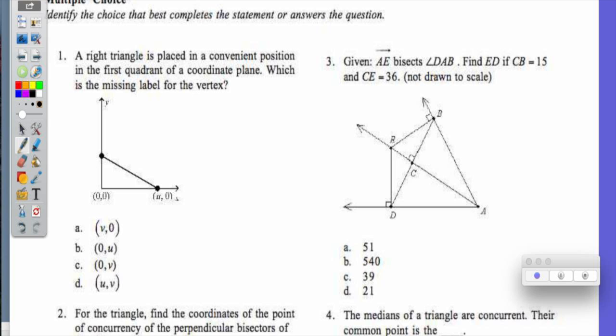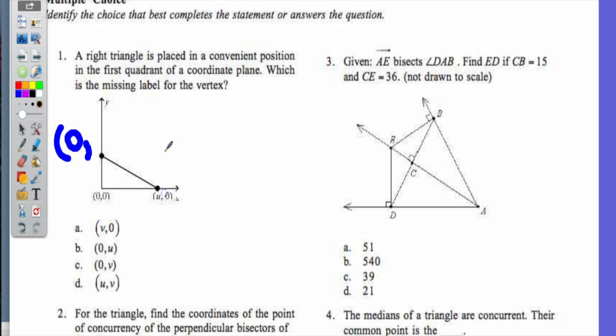So, you have a Chapter 5 test tomorrow, and you want me to get this all recorded so you can watch it and study. So, a right triangle is placed in a convenient position on the first quadrant of a coordinate plane. What is the missing label for the vertex? So, we're talking about this point here that sits on the y-axis, so has an x value of 0. You could actually use any variable you wanted to there.